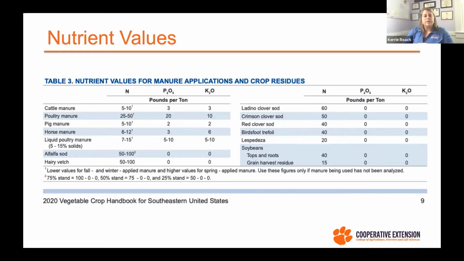And so this is just a general rule or a general nutrient value. They could be a little bit different or very different from this. So it's important that you get yours tested if you don't know what you're dealing with.